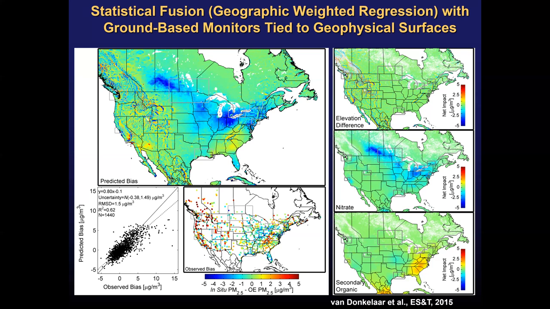And what we've done here, again led by Aaron van Donkelaar, is to conduct a fusion to predict that bias as a function of geophysical fields that affect the relationship between aerosol optical depth and PM2.5 chemical composition. And you're seeing examples of those fields on the right, including subpixel topographical information, as well as some of the more uncertain chemical components that affect that relationship.